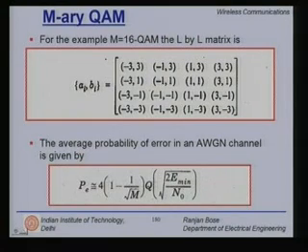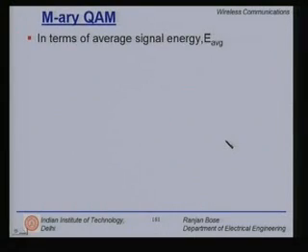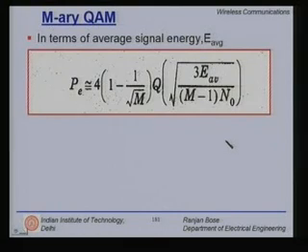The average probability of error is approximately 4 times (1 minus 1 over square root of M) times Q of square root of 2 E min over N naught. So here approximately the probability of error is given as a function of M for an M-ary QAM. If you want to define it in terms of average signal energy, the probability of error expression comes out as follows.